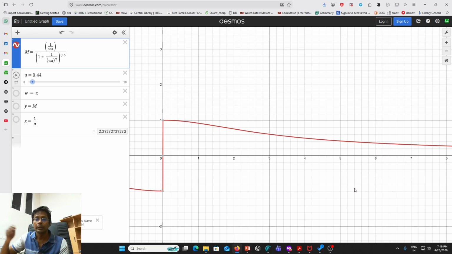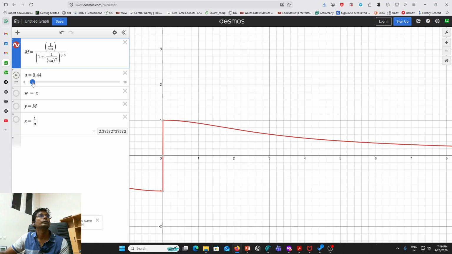What does it mean? If there is a signal with a frequency of 6 in the input, its magnitude has got attenuated, and it's passing only 35 percent of it. The remaining 65 percent has got reduced. So it will not completely filter it out, but it will attenuate the high frequency. That's what this RC filter does.